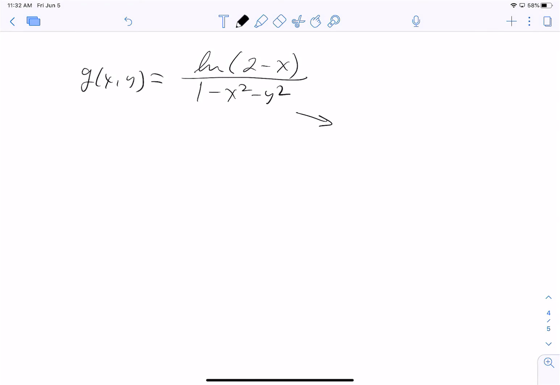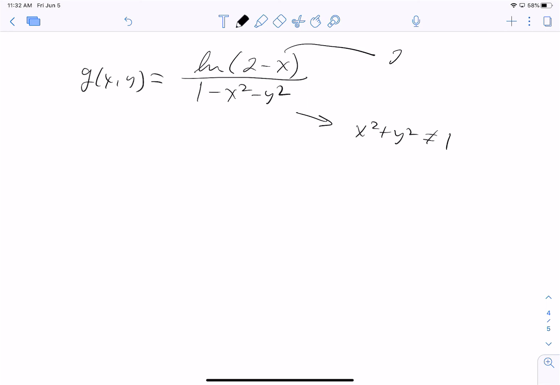Next up, same instructions, new function. G of xy is equal to the natural log of the quantity of 2 minus x divided by 1 minus x squared minus y squared. Looking at the denominator, we see that x squared plus y squared cannot equal 1. So that excludes the unit circle. Looking at the numerator, since we have a natural log of 2 minus x, we know that the natural log function has a domain of positive values.